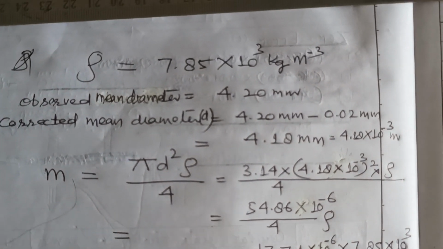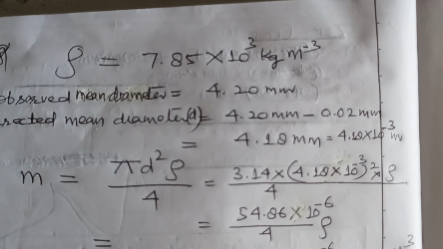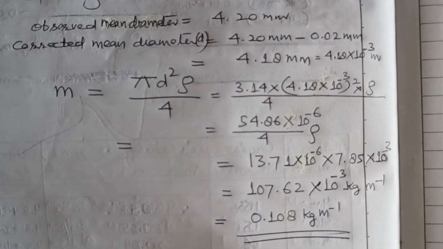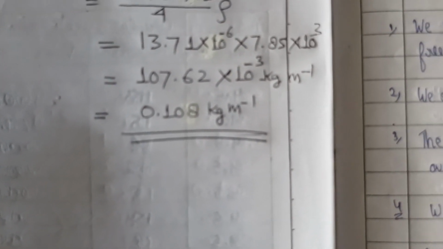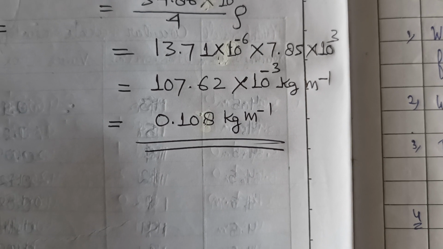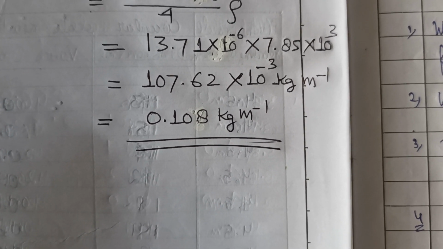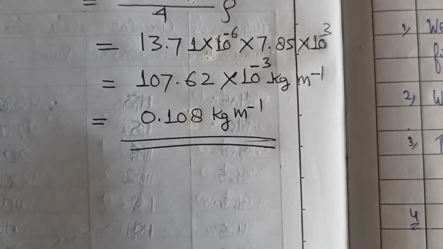And the density of the iron, the material of this rod, is 7.8 into 10 to the power 3 kilogram per meter cube. Substituting these values in this formula, after proper mathematical operations, we finally found 0.108 kilogram per meter.